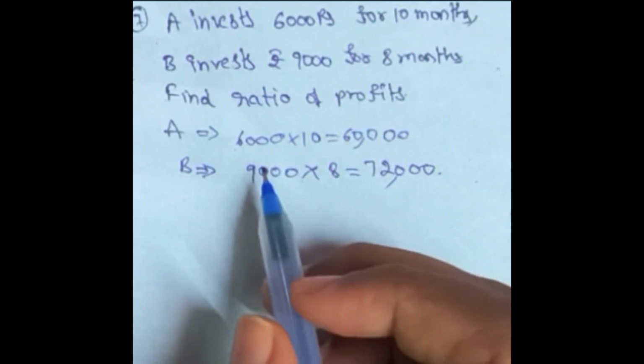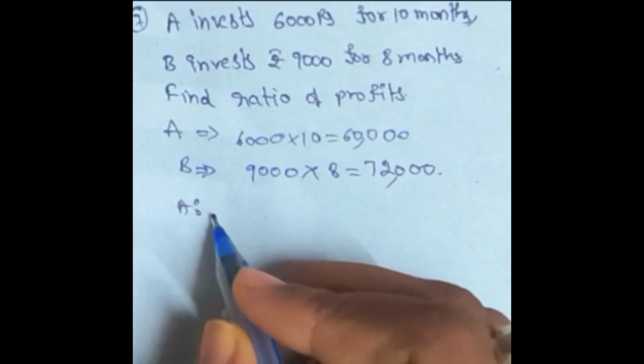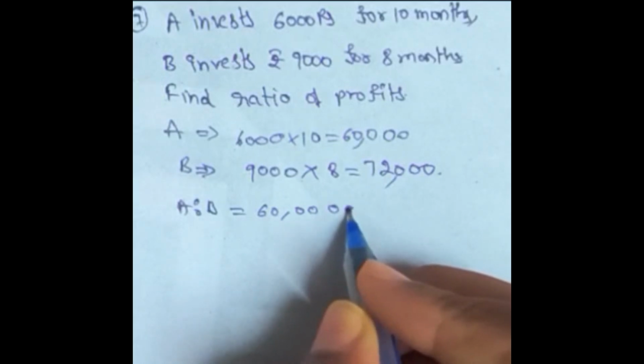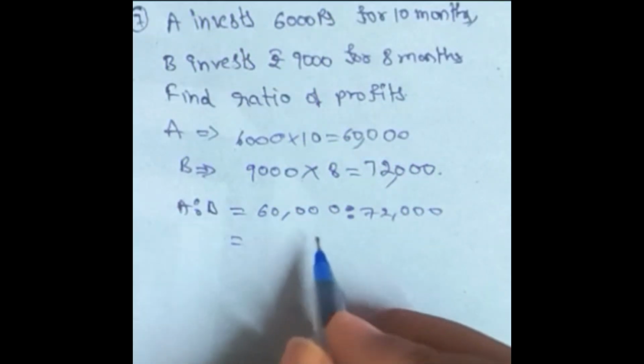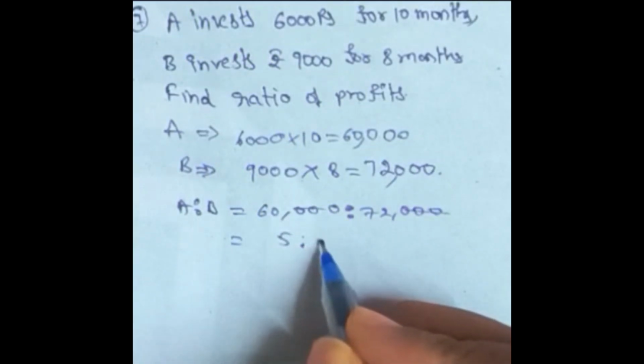So now we want to make ratios for this. A is to B profits is equal to 60,000 is to 72,000. It results in, maybe the 12 table, 12 5s are 60, 12 6s are 72.